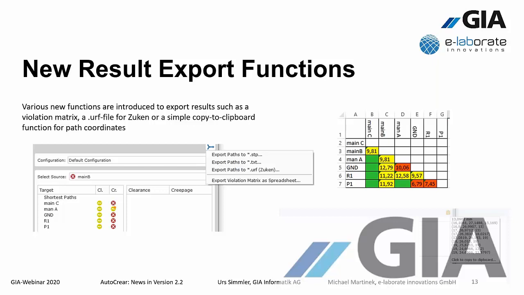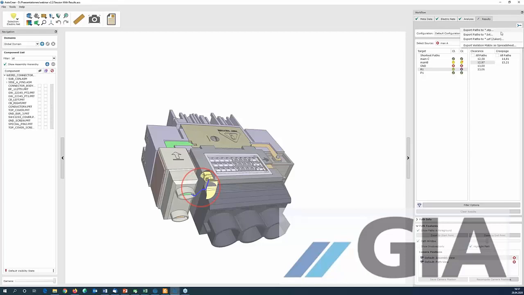We introduced some new features for exporting results. The biggest of them is the violation matrix, which looks like this. Let me also show it here in the program.